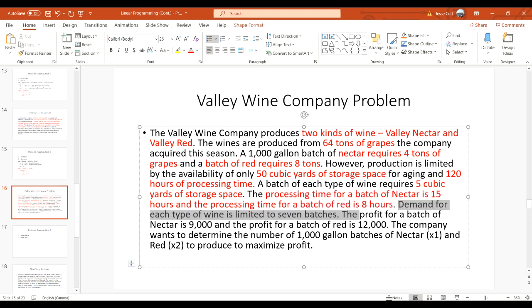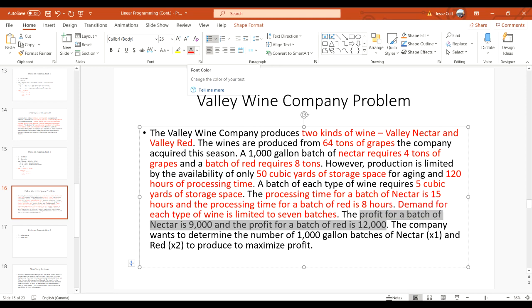Demand for each type of wine is limited to 7 batches. So here we have limitations 4 and 5. Our limitation for the first batch, nectar, and our limitation for the second kind, red. Both are maximum of 7. The profit for a batch of nectar is 9,000 and the batch of red is 12,000.